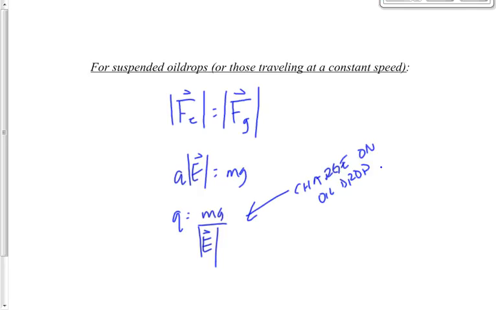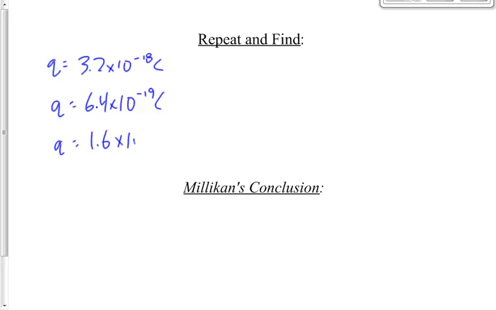And he would have found that the charges might equal something like this: 3.2 times 10 to the minus 18, 6.4 times 10 to the minus 19 coulombs, 1.6 times 10 to the minus 17 coulombs, 1.6 times 10 to the minus 19 coulombs, 4.8 times 10 to the minus 17 coulombs, and so on. What do you notice about all those charges? What do you notice about the charge of each of these oil droplets?